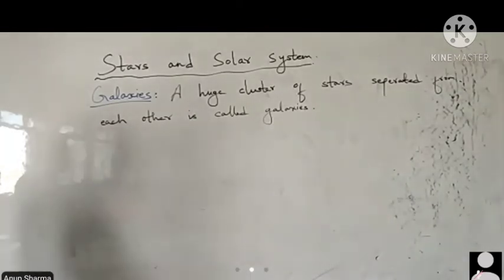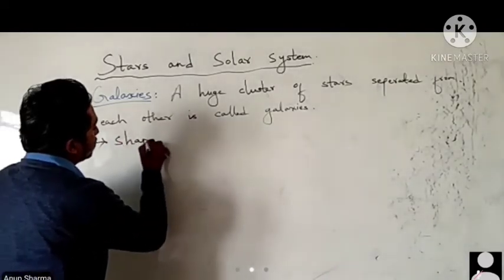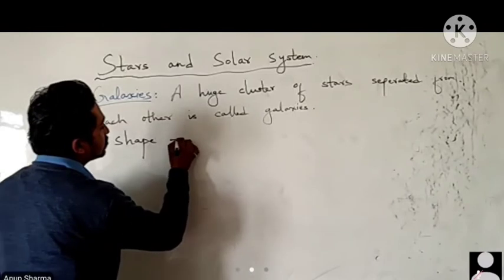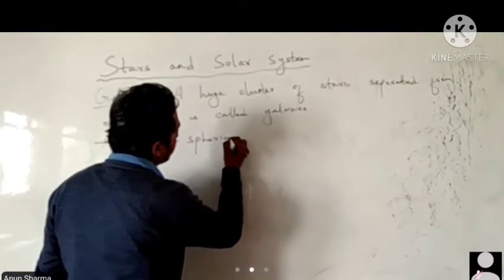Most of the galaxies are either spherical or elliptical. The shape of a galaxy is mostly spherical or elliptical.